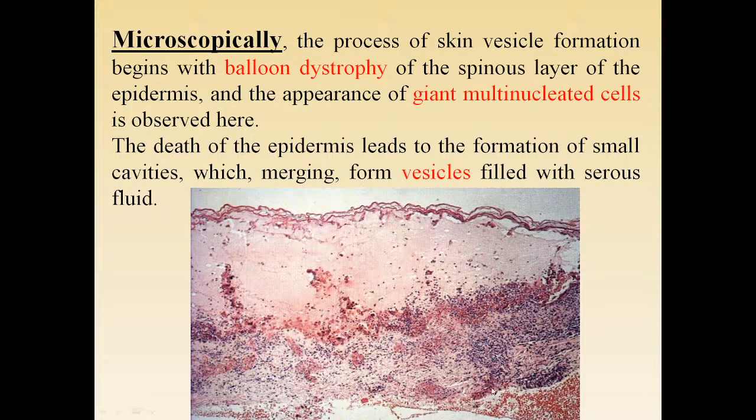Here we see balloon dystrophy and inflammatory infiltration. The death of the epidermis leads to the formation of small cavities in the epidermis, the cavities merge, and vesicles form, filled with serous fluid.